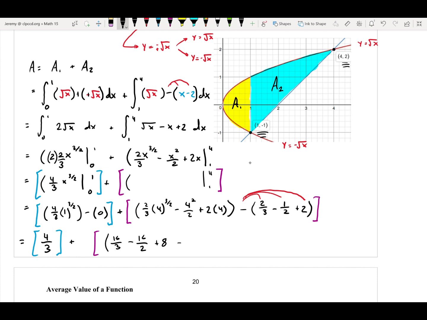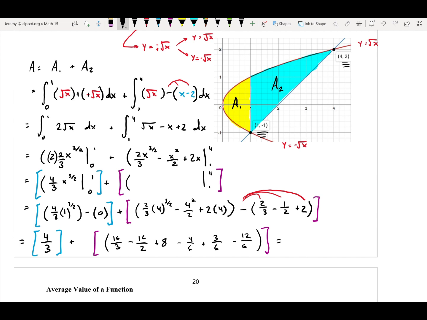So minus, because I'm distributing that negative sign, I'm getting a common denominator of 6 here, so I end up with minus 4 over 6 plus 3 over 6 minus 12 over 6. Okay, so I distributed the negative and got common denominators.